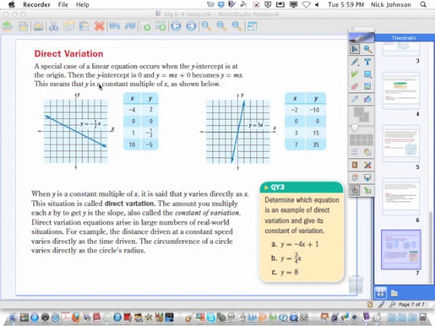This means that y is a constant multiple of x, as shown below. Here's a line that goes through the origin, and its slope is down 1, right 2. Therefore, the equation of this line is y equals negative 1/2 x.